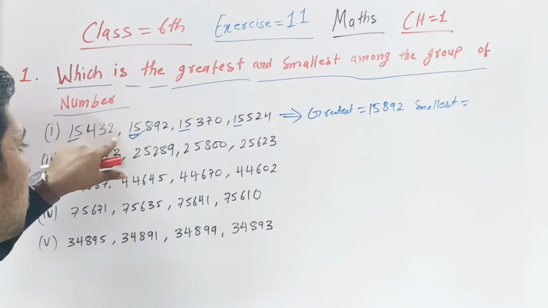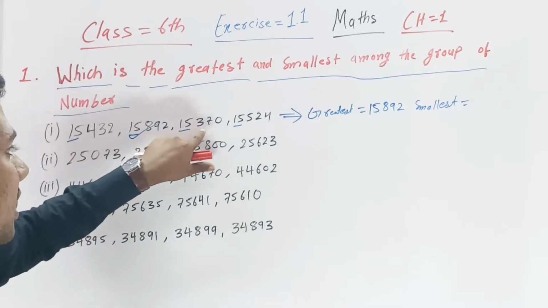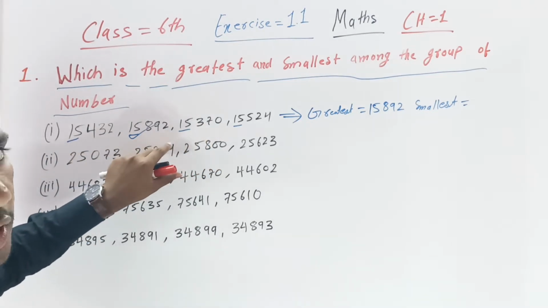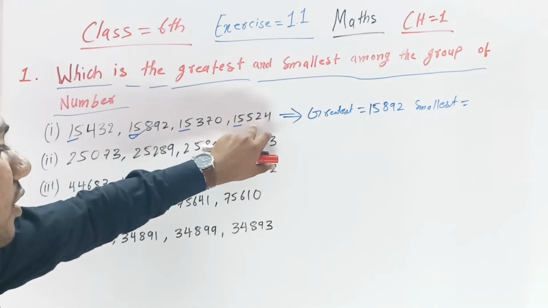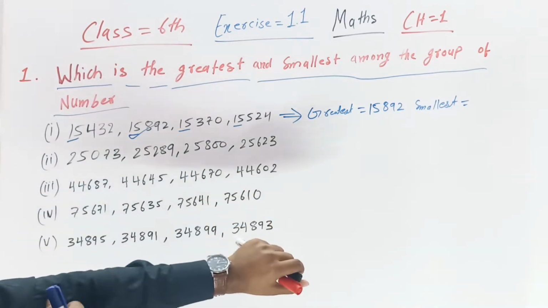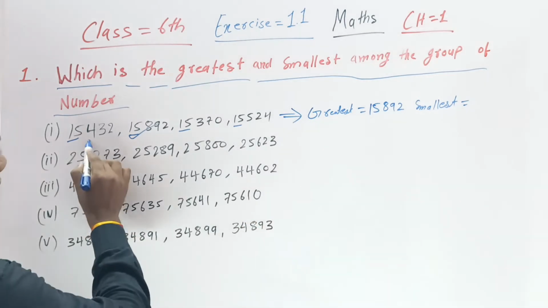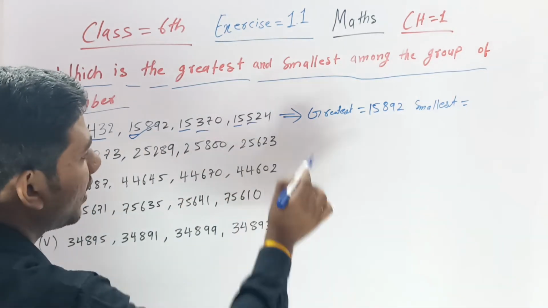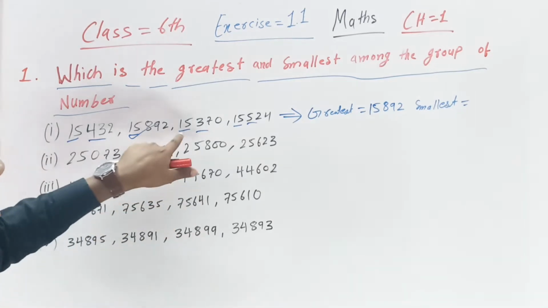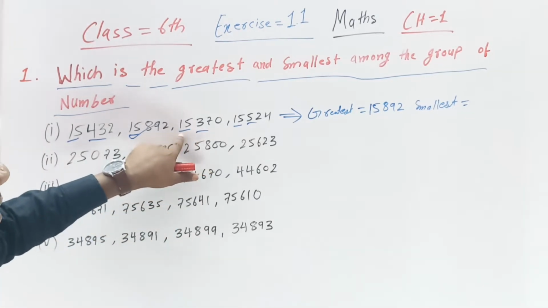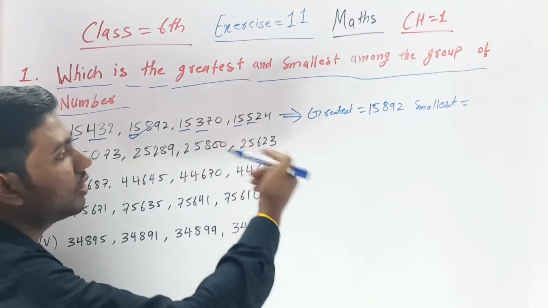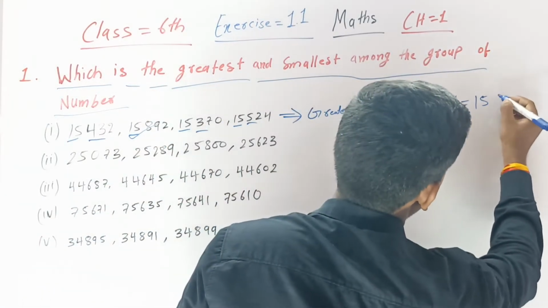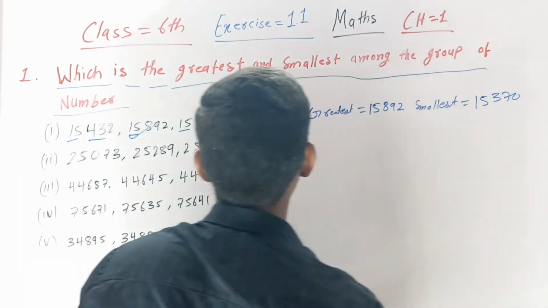Now it's 432, 370, 524. Because the greatest one is already written, it will obviously not be the smallest. Which is smaller among 400, 300, 500? Obviously 300. So what will our answer be? 15,370 is the smallest.